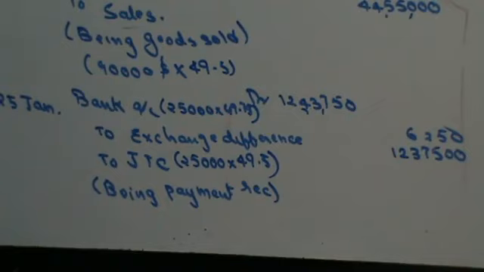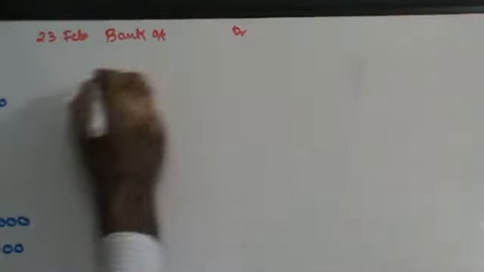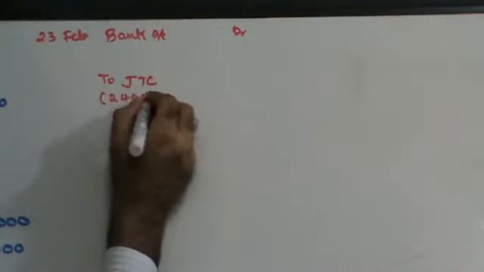After 25th Jan, the next payment is on 23rd Feb. You are receiving a payment on 23rd Feb. Money is coming in, bank account debit to Jerry Trading Company. You are receiving a payment of $24,000.